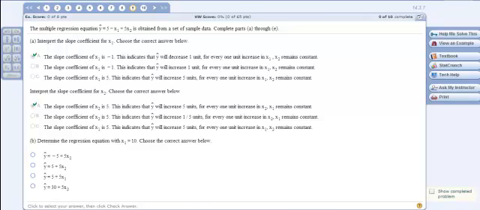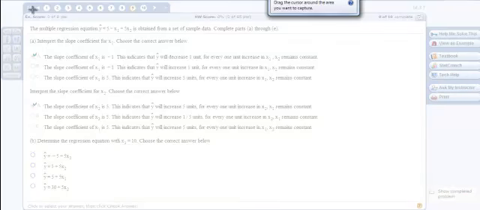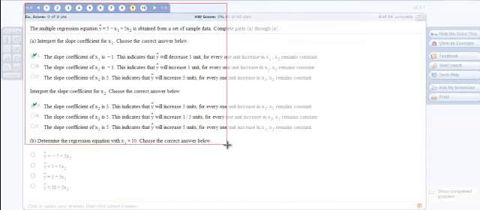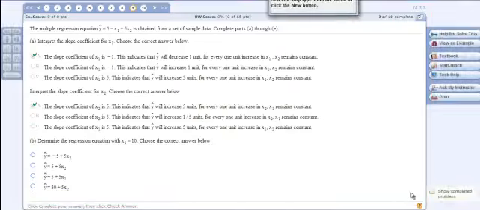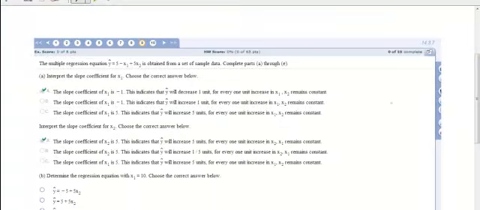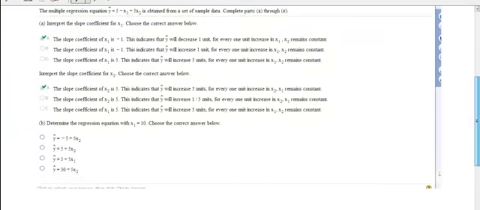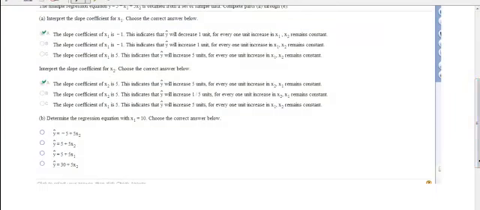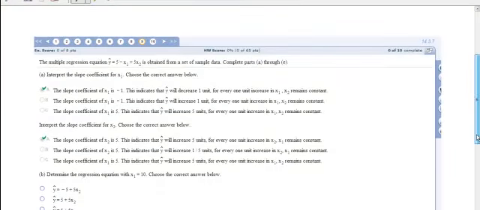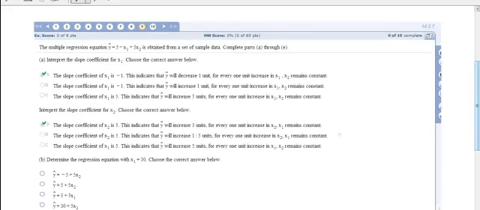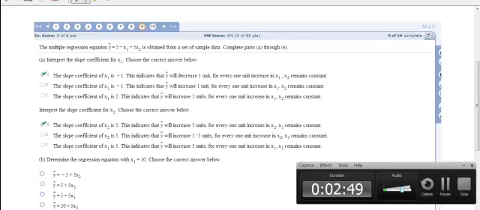And then determine the regression equation with x1 equals 10. Choose the correct answer below. Okay, so I'm going to do a screenshot so I can write on this. Here we're going to substitute in 10 for x1.